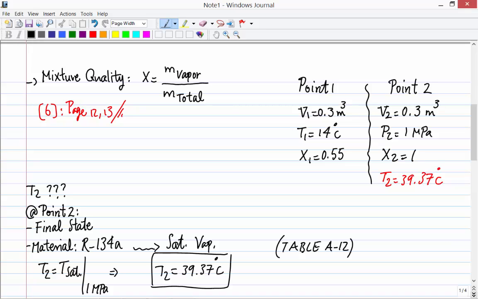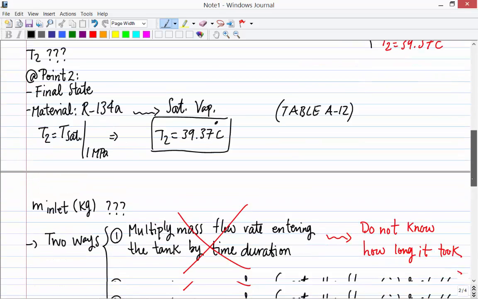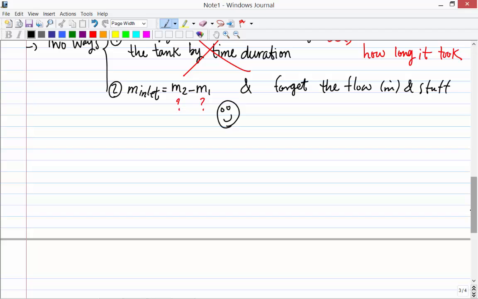Likewise at point 2, because I know it's saturated vapor, so I know the specific volume. That's going to be just Vg on the table, the specific volume at saturated vapor. So I can solve for the little v's, the specific volumes at initial and final states. And I know that m equals capital V divided by little v, volume divided by specific volume. Then I'm hopeful now, because I can solve for m easily, right?